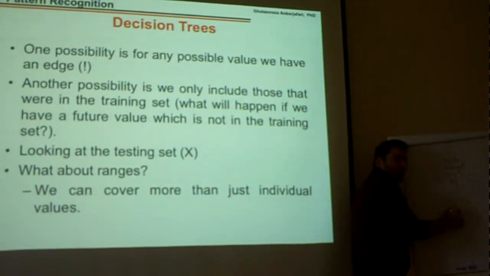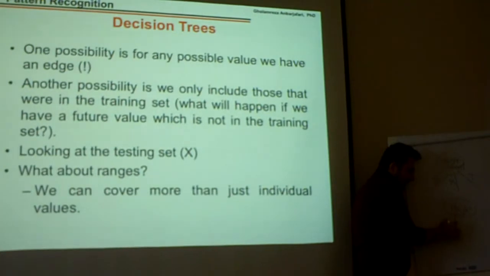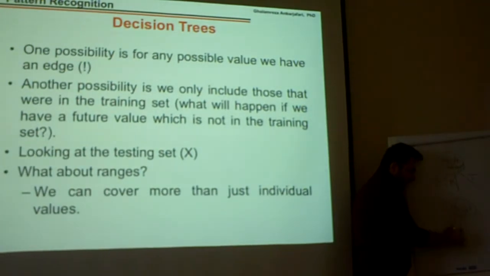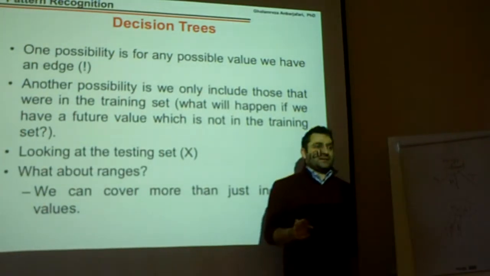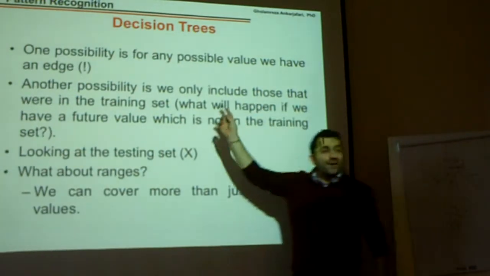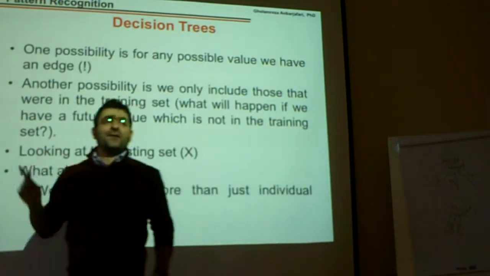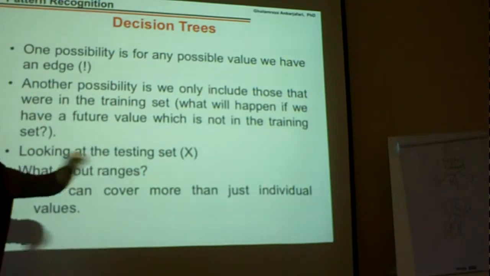What is the next value? 1.001. What is the next one? 1.0001. So we can see that this is not possible. Why? Because we have infinite values, so we cannot really draw all those values in there.